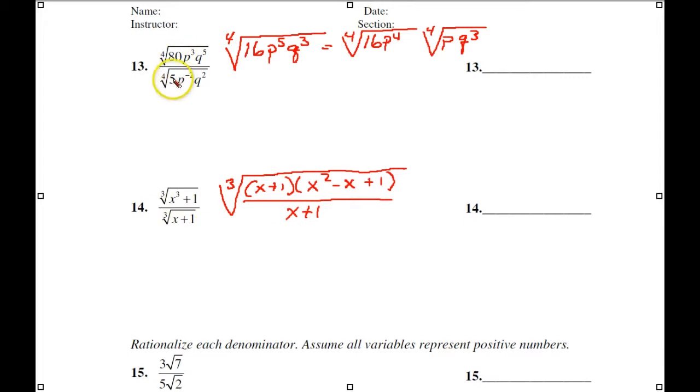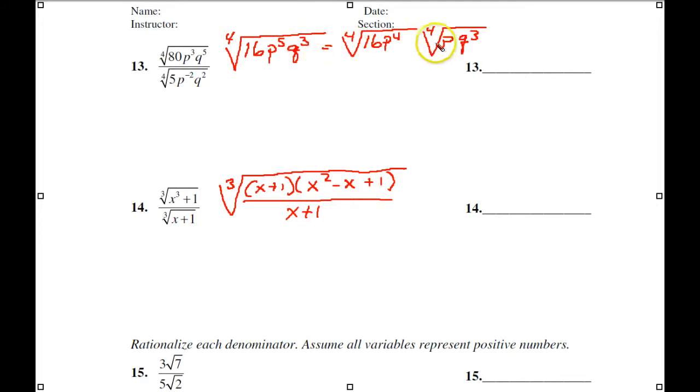Now I'm going to do a little bit of this mentally, or without writing it all out. 5 goes into 80 16 times. I bring my p to the negative 2 up. This becomes p to the 5th. And then I have q to the 2nd, bring it up, it becomes a negative 2, so this gives me q to the 3rd.